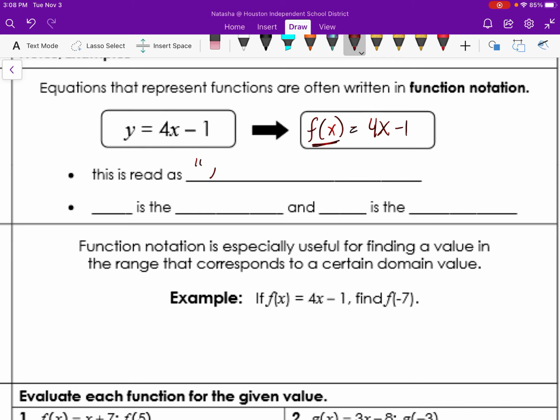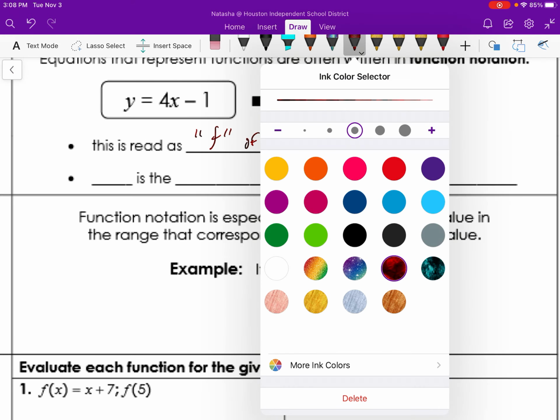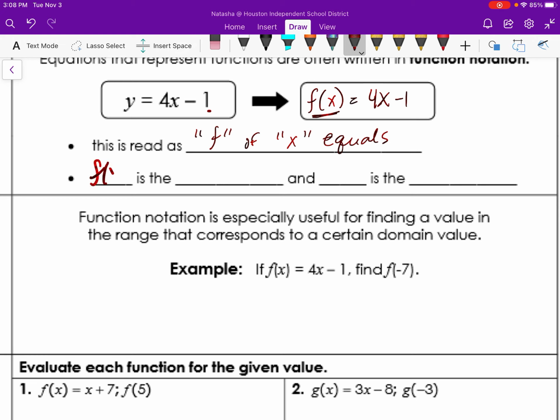Now we read this as f of x equals. Okay, that's how we read that. The f of x, that is the output, and the x is the input.